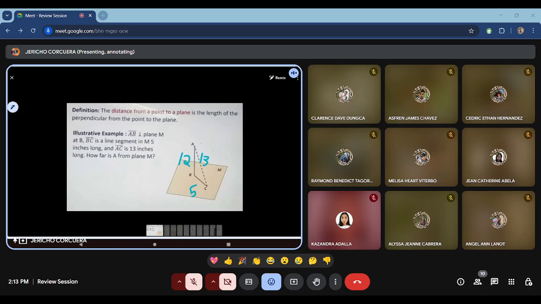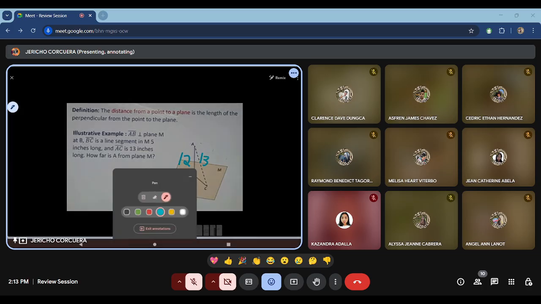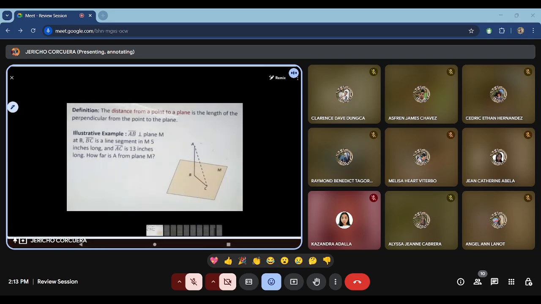So the distance from a point to a plane is the length of the perpendicular from the point to a plane, and that is line AB. You can see that the distance is from point A to point B, where point B is the foot of the plane, and CB is the normal to the plane.